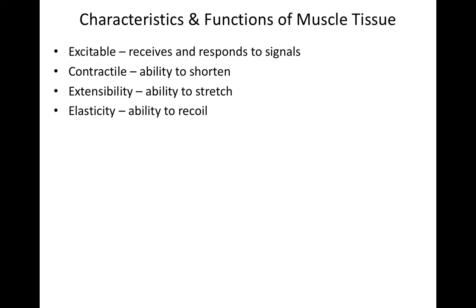So muscles can respond to these signals that come from the nervous system. They are contractile, meaning they have the ability to shorten. They have extensibility, meaning they have the ability to stretch. And they have elasticity, which means that they have the ability to recoil. So all of those characteristics are what allow muscles to do what they do.